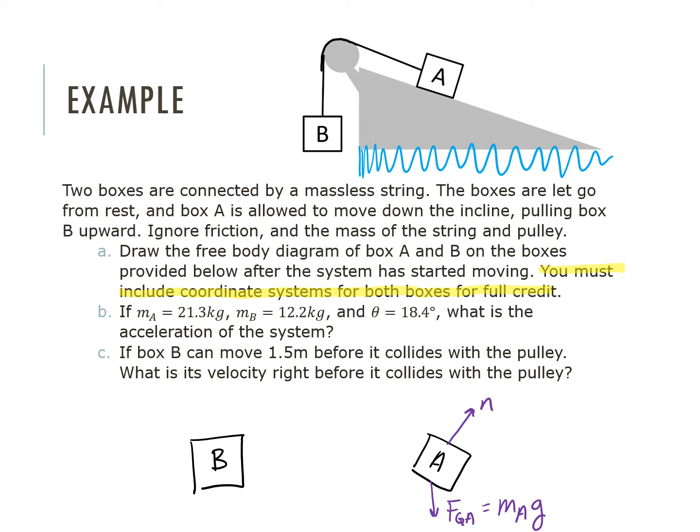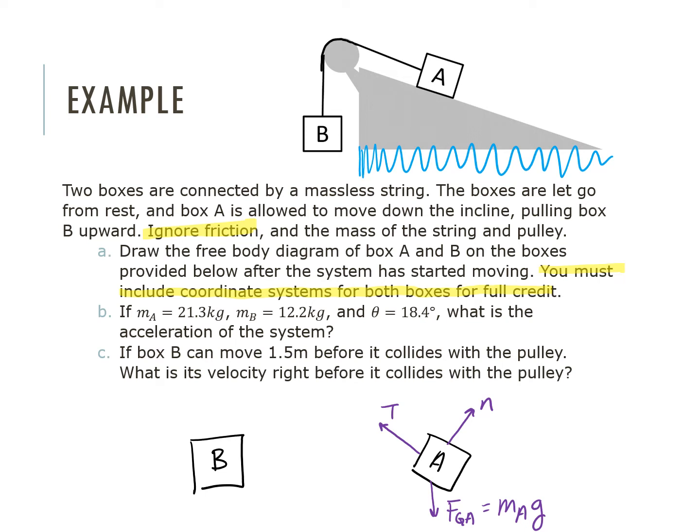And I have the rope pulling on box A. So with this, we aren't told anything about friction. Right? There's no information that, oh, wait, there is. It explicitly tells us to ignore friction. So that means we don't have to deal with friction in this question. Makes our life much simpler. We don't have to include that force.